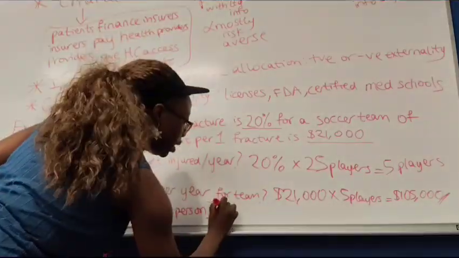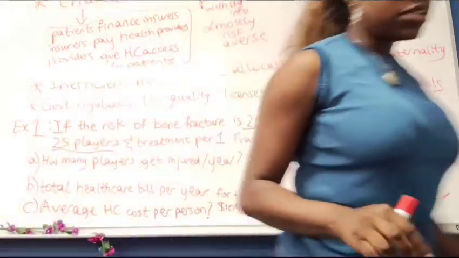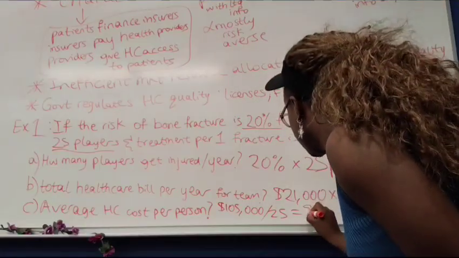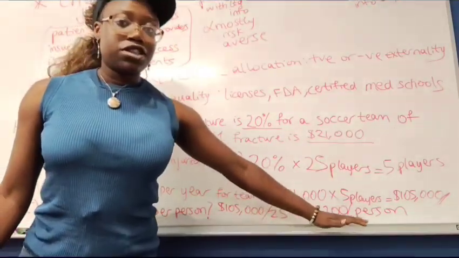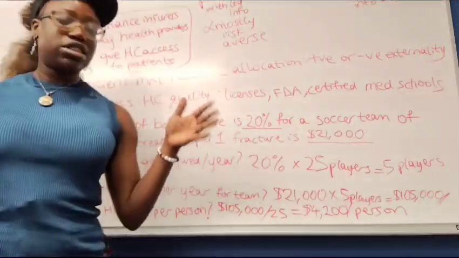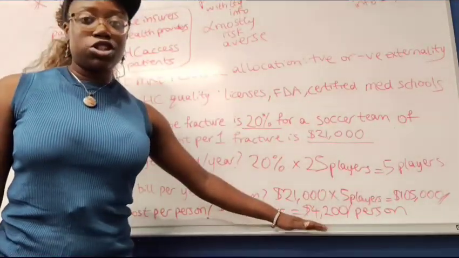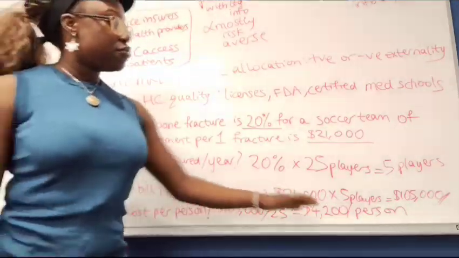That is simply $105,000 divided by the 25 players, and that gives you $4,200 per person. So since it's going to cost each person on average $4,200 in the whole year, what the insurance company does is, it's as good as having each person donate or keep this $4,200 in a safe place, which is a health insurance company, right?